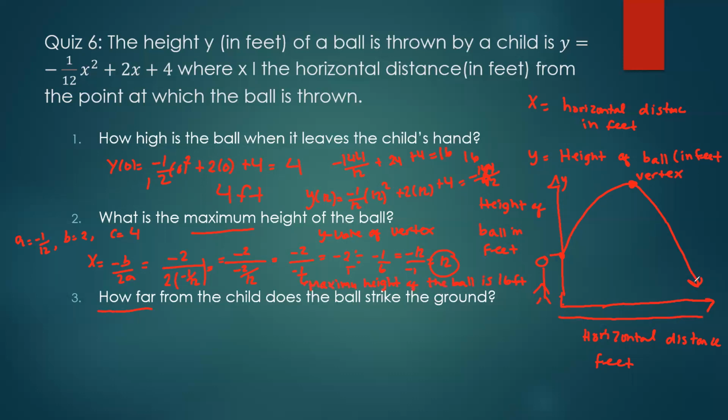So I believe it's going to be your x-intercept. How do you find the x-intercept? You simply plug in 0 for y. So 0 equals negative 1/12 x squared plus 2x plus 4.